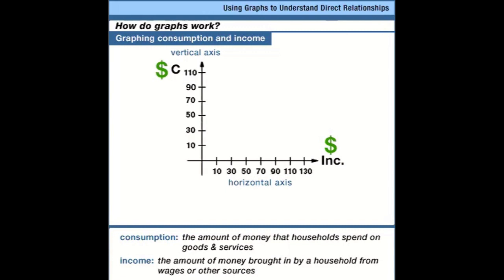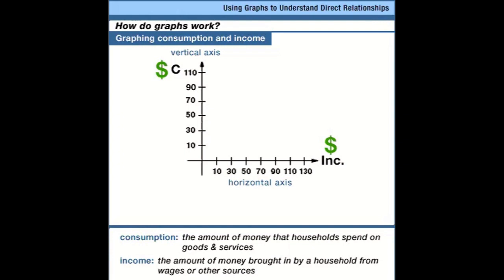Now, what I do in this space, now that I've created it, is I can represent information about consumption spending. Suppose I have a table of numbers, and each one of these numbers represents the income spending information for a particular household.